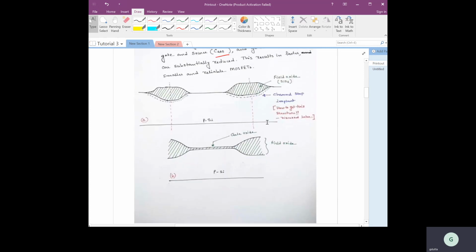Let us see that. We have to use our low cost technique to form the isolation, and after isolation, the structure of this p silicon wafer would look something like this. Here you can see that it is a p silicon wafer. Orientation is 100. It is also important for MOSFET to use 100.